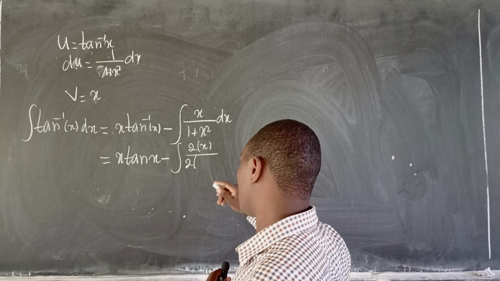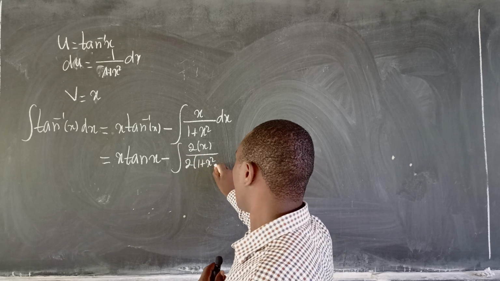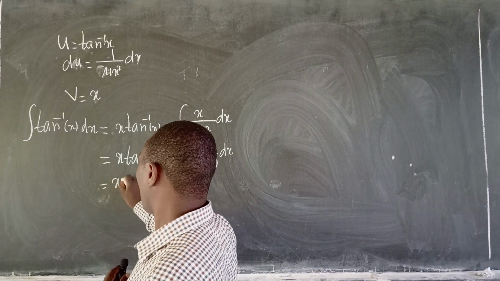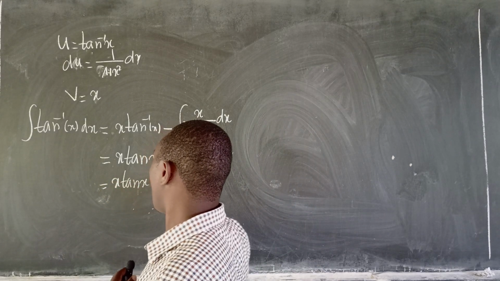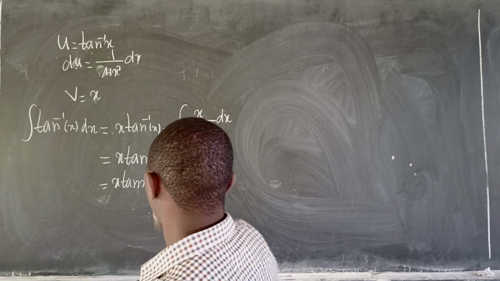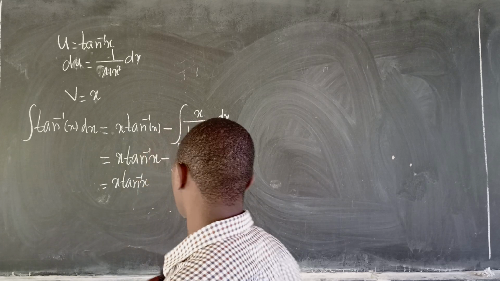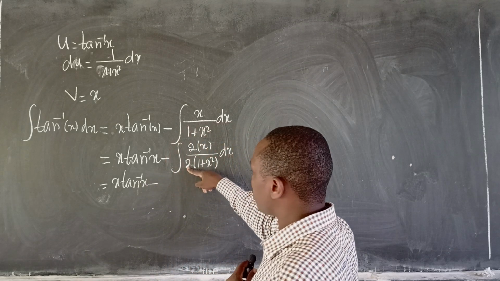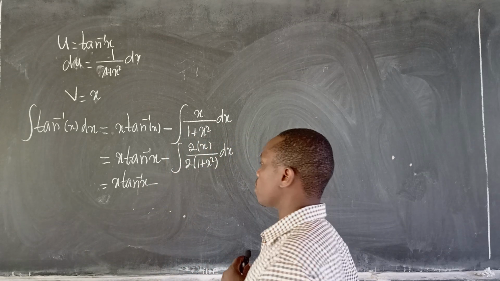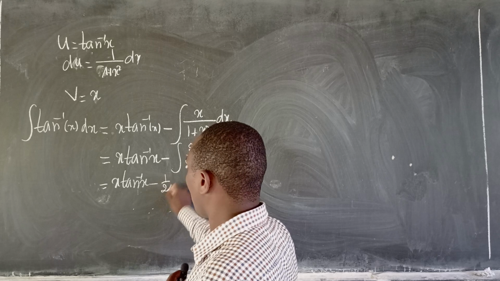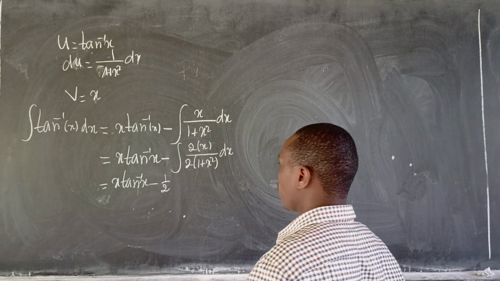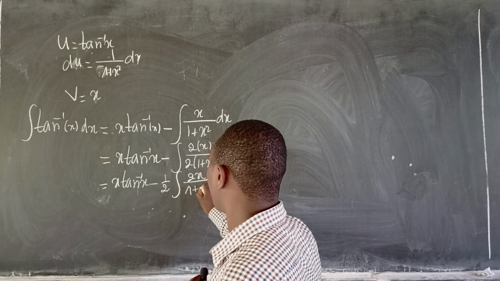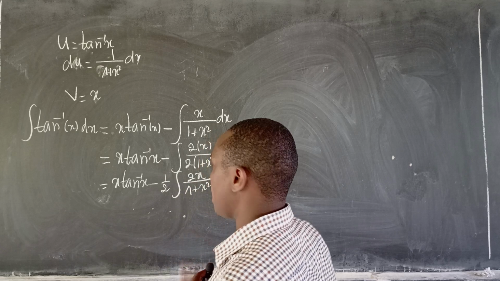So we have x tan inverse of x, minus, putting the half outside the integral sign, a half of the integral of 2x over 1 plus x squared dx.